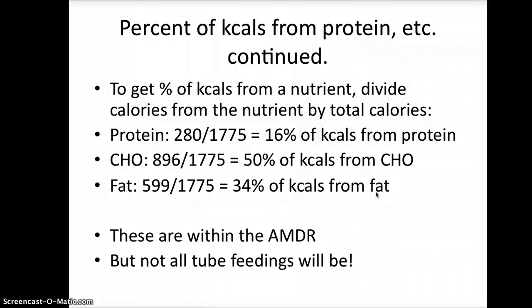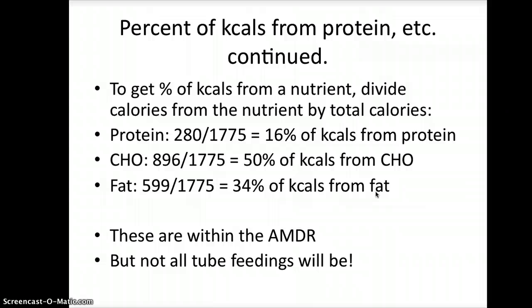What I want you to bear in mind, however, is that these acceptable macronutrient distribution ranges are the DRIs, and the DRIs apply to normal or the average healthy individual. And you should realize that people who are receiving tube feedings may not fall into that category. Your patient who's receiving a tube feeding may not be your average healthy patient.